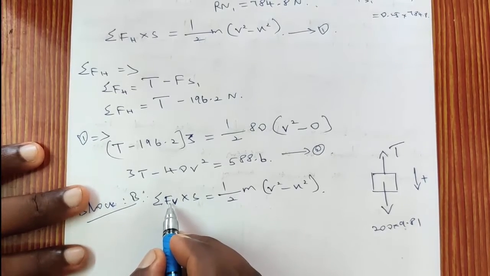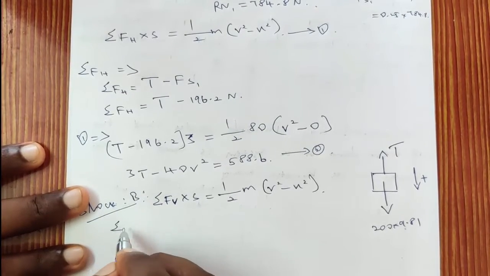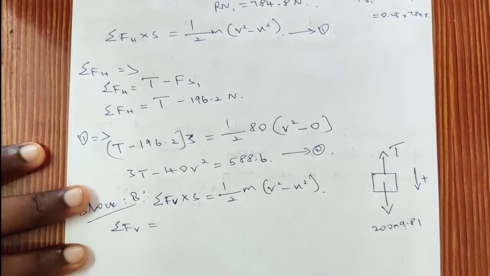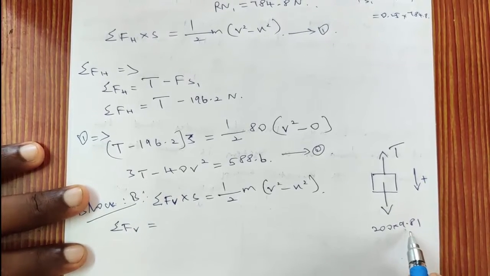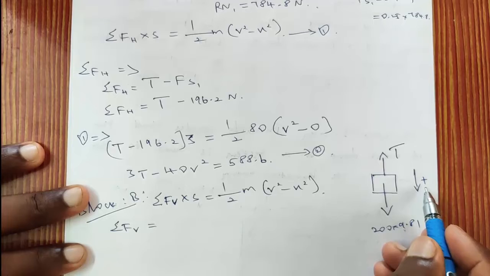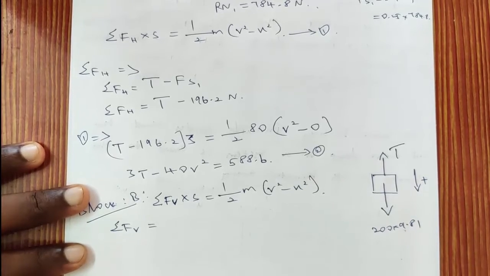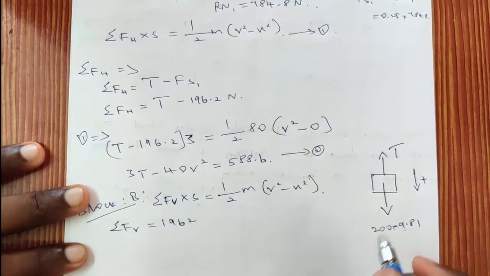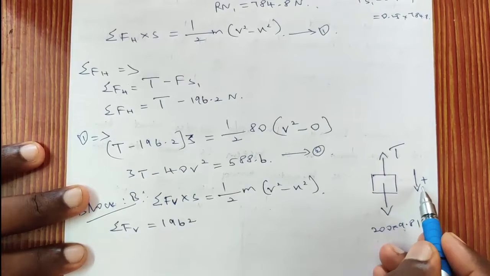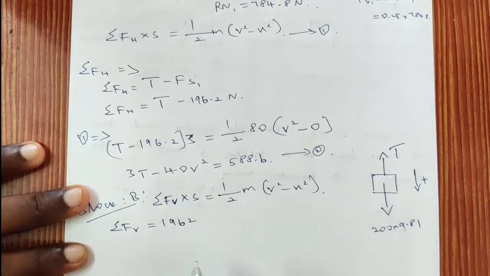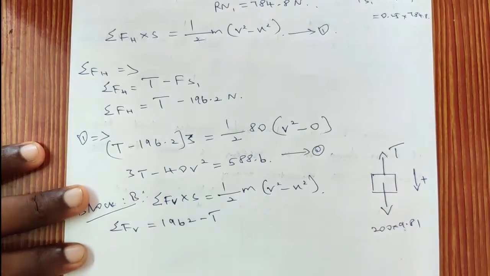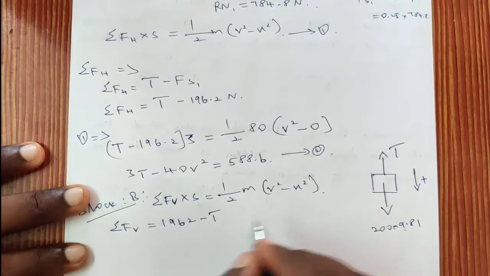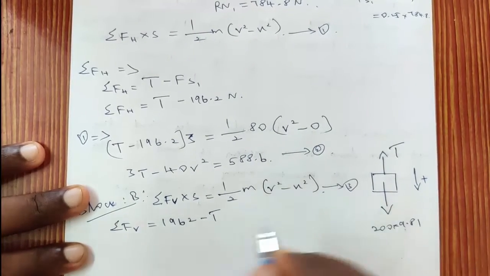So first we'll calculate summation of vertical forces. Sigma Fv is equal to the 200 into 9.81 is acting in the positive direction because the body is moving in the downward direction. So it is 1962. Then the T is acting in the upward direction, that is opposite to the direction of motion, so it is minus T. Now we'll substitute this in equation number 3.